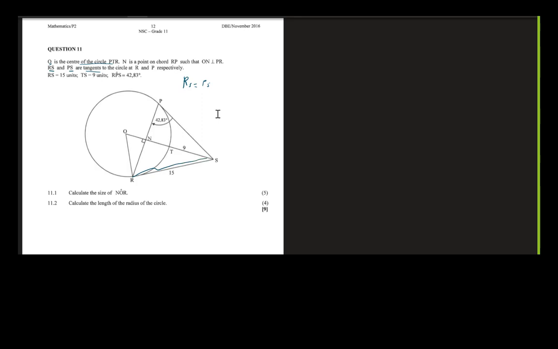RS and PS are tangents, and they come from the same point. That same point is S. So we claim that they come from S. So we say tangents drawn from the same point.